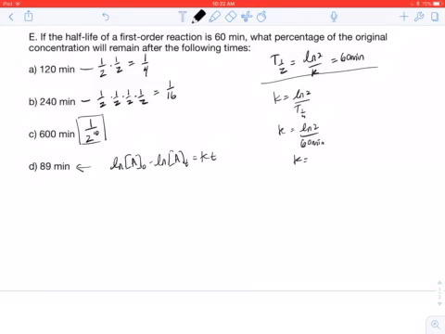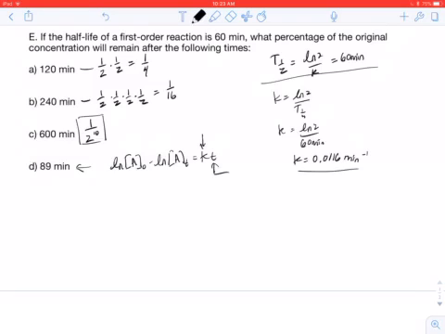And that comes out to be, when I do this on my calculator, 0.0116 reciprocal minutes. So that's what we'll plug in here. The time is 89 minutes. And the initial amount, we just can say 100%. Okay. And we subtract whatever we're solving for final.